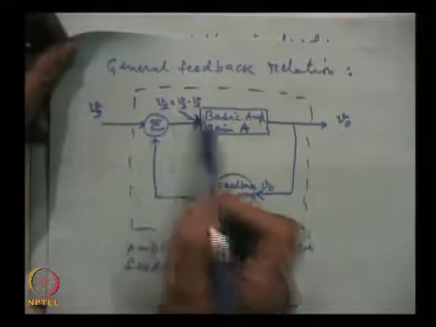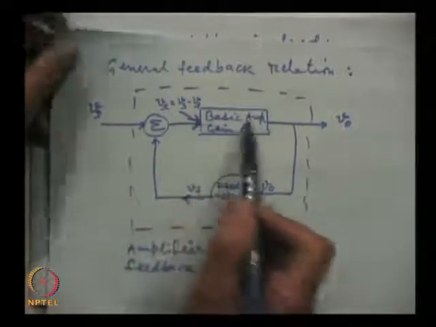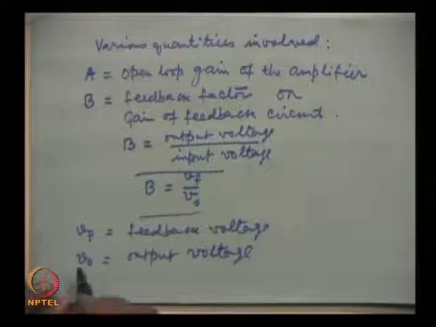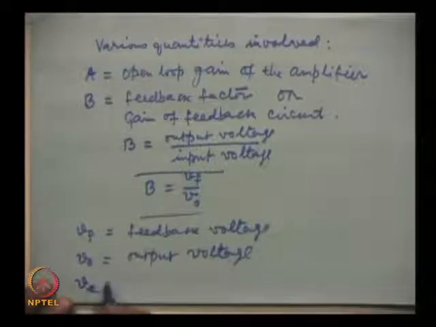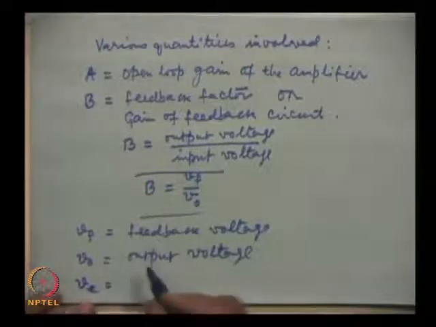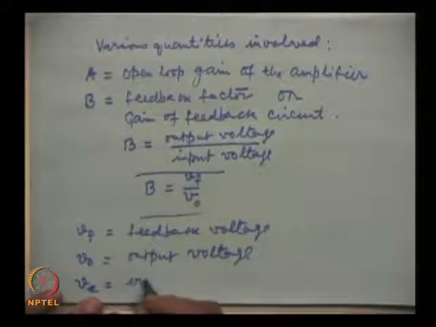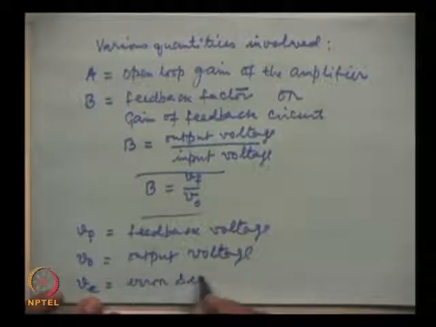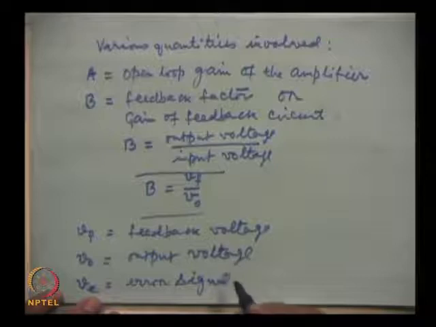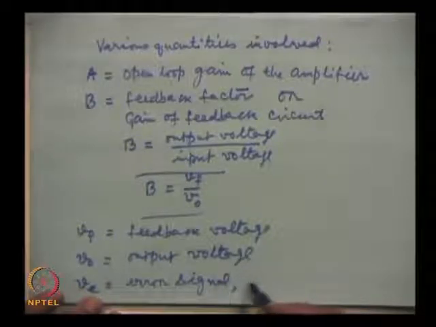So we are considering voltages, and VE is the signal which is actually going to the basic amplifier. VE is called the error signal, and since we are considering voltages, this is the error voltage.